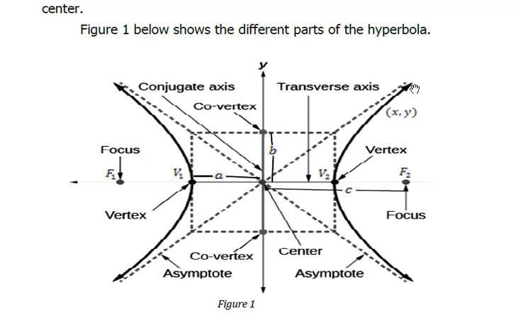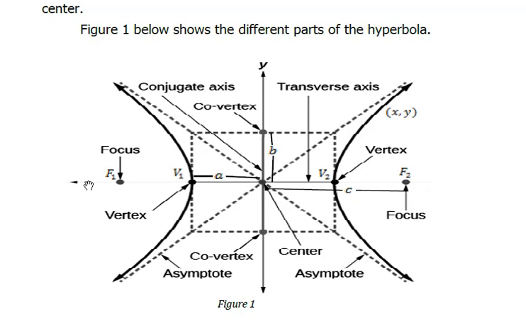On this side of the hyperbola, we have the two vertices, and the points F1 and F2 are what we call the foci. Focus F1, then focus F2. Vertex V1 and vertex V2.